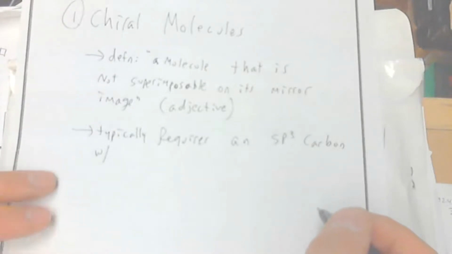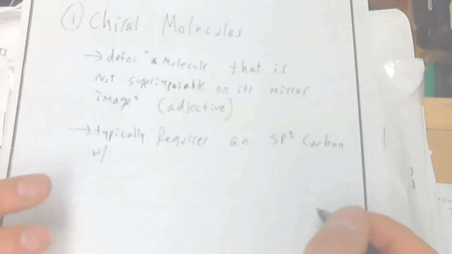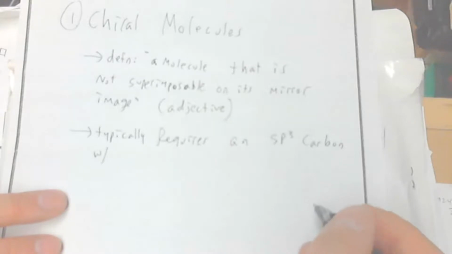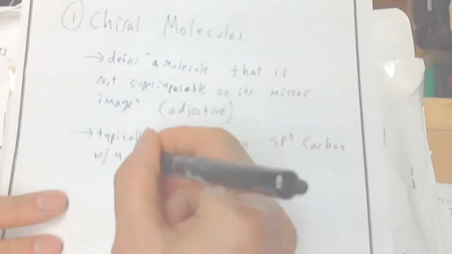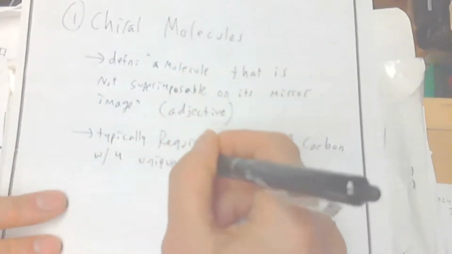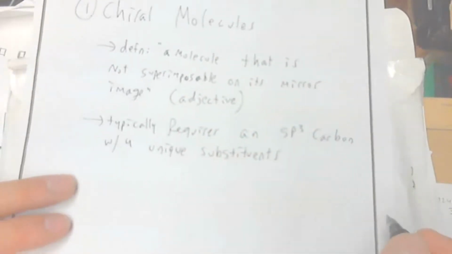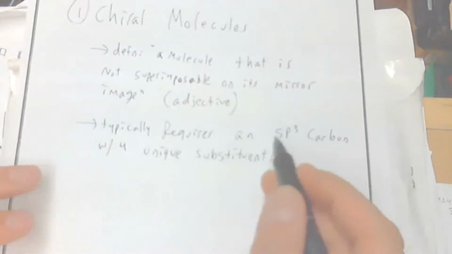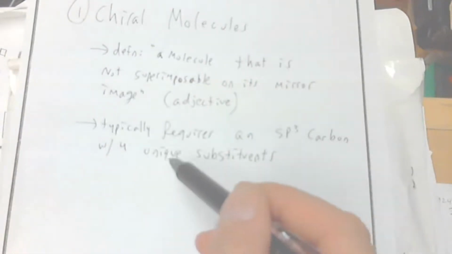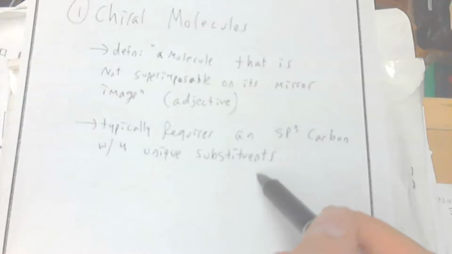Give me a number. 4. That's right. Somebody said 4. Yeah, with 4 unique substituents. That's going to be a requirement. Generally, there's a couple exceptions to this, but for you guys, 4 unique substituents is a good, simple requirement.